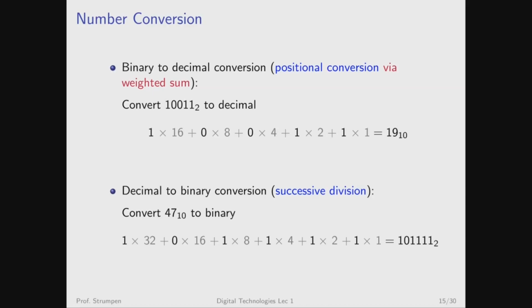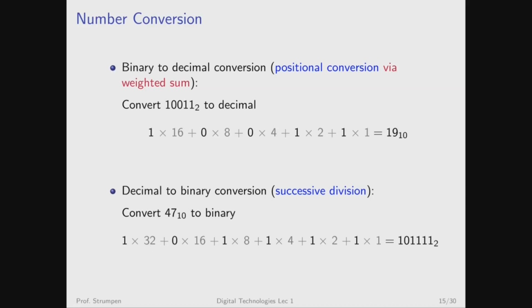So this is where we start the division. 32 fits once into 47. 47 divided by 32 is 1. So we remember a 1 bit associated with 32. And the remainder is 47 minus 32, 15.